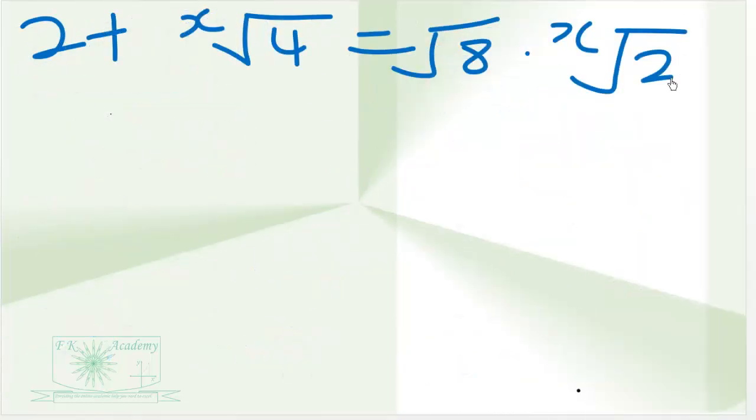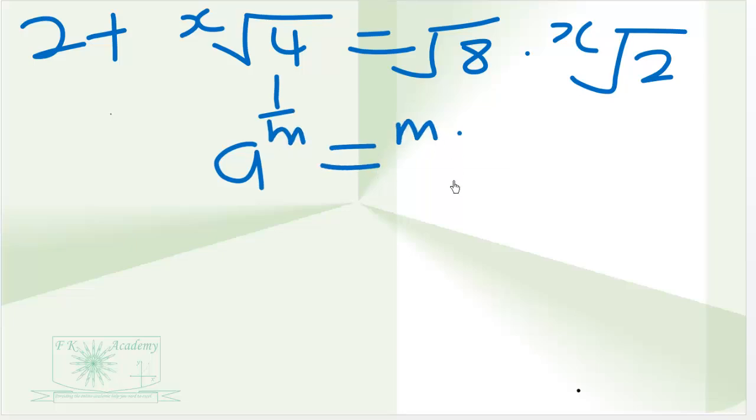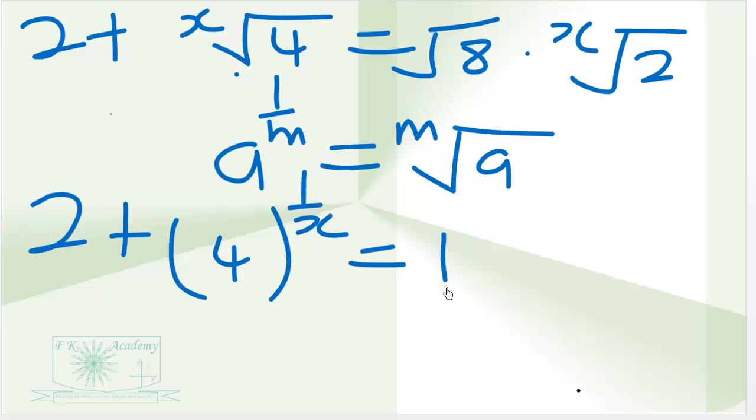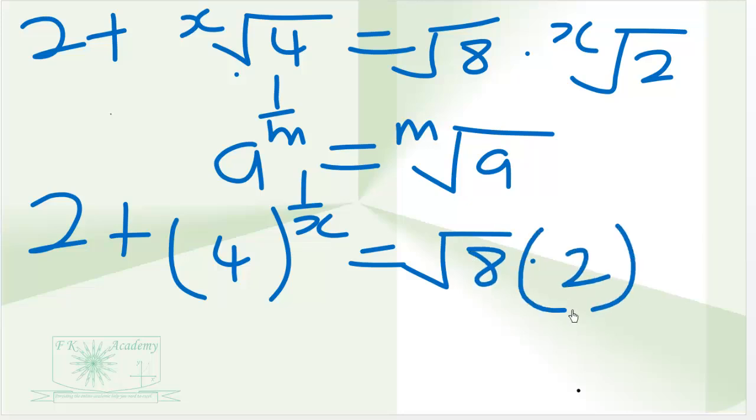Now recall that a exponent 1 over m is equal to the mth root of a. So we are going to apply this here to convert the x root of 4 to 4 exponent 1 over x. That gives us 2 plus 4 exponent 1 over x is equal to square root of 8 times 2 exponent 1 over x.